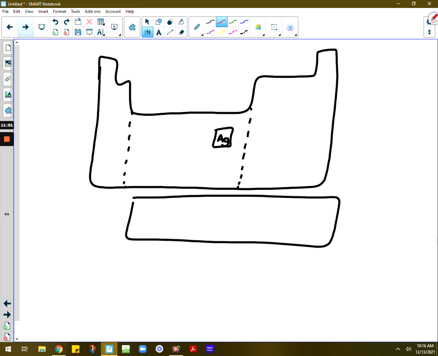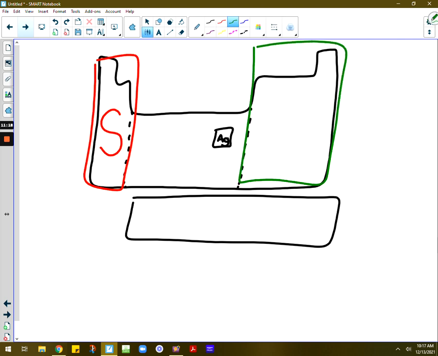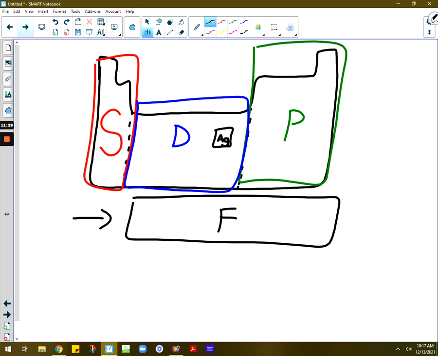What do we call this piece over here? Nope. This whole piece over here is the S block, right? This part right here is the P block. This part here in the middle is the D block. And then these down here at the bottom are my F block, right? So, silver is in which of those? It's in my D block.